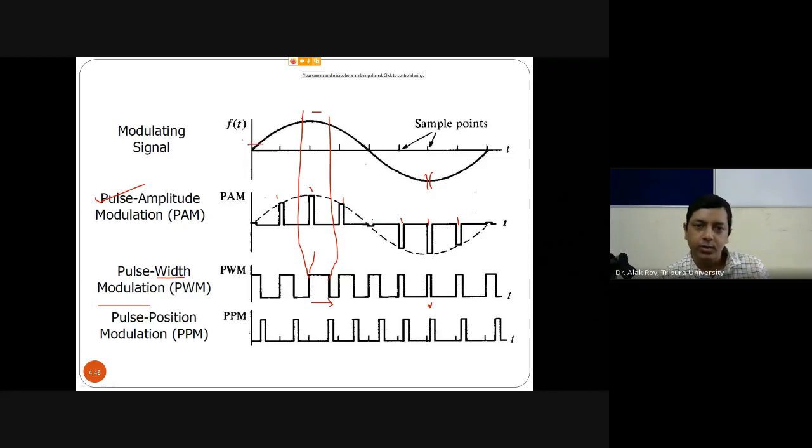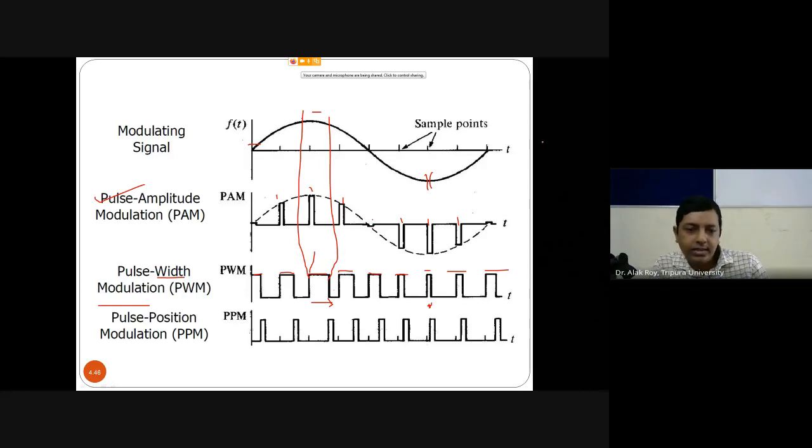Since it goes from positive to negative, it has this width. Then at the next level it is increasing, next level it is increasing, then again decreasing, decreasing, decreasing, decreasing, then again increasing and increasing, depending upon the height of the signal.